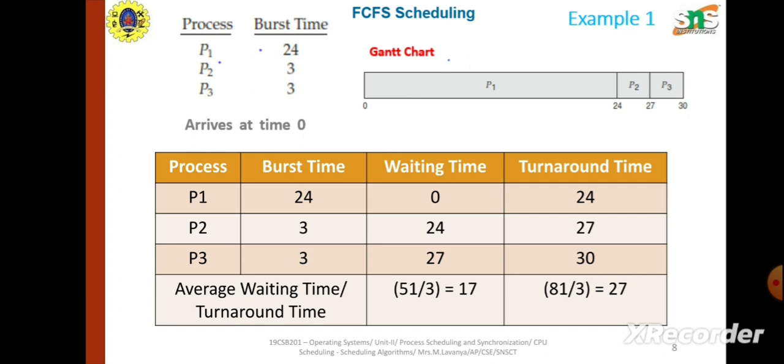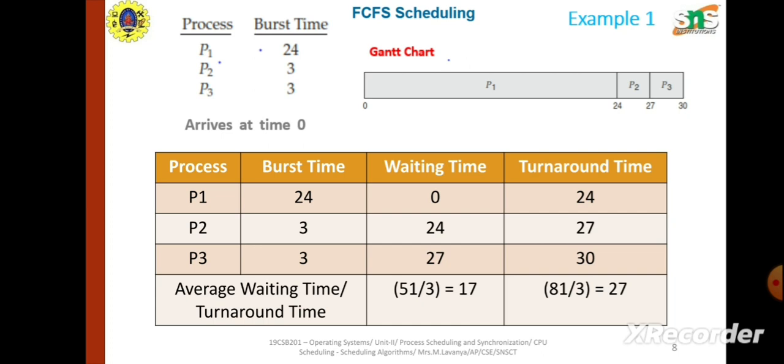The average waiting time is calculated by finding the average of the waiting times of processes P1, P2 and P3. So 0 plus 24 plus 27, divided by 3. Its total sum is 51. So 51 by 3 is 17. So 17 milliseconds is the average waiting time for this given example.